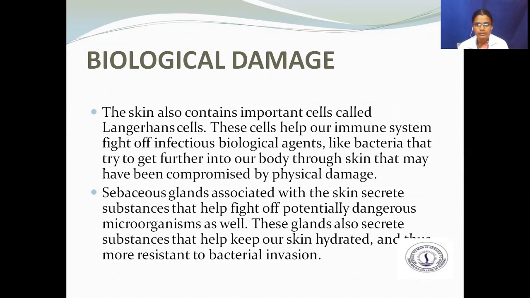These glands also secrete substances that keep our skin hydrated and more resistant to bacterial invasions. In our skin, we have sebaceous glands. These also help the body to be hydrated and more resistant, to prevent invasion of bacteria inside our body.